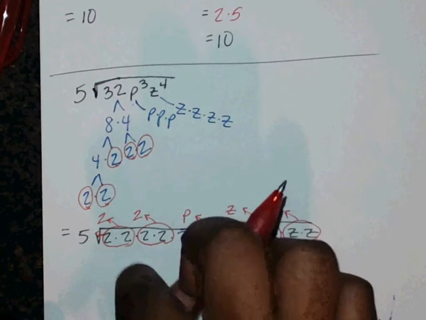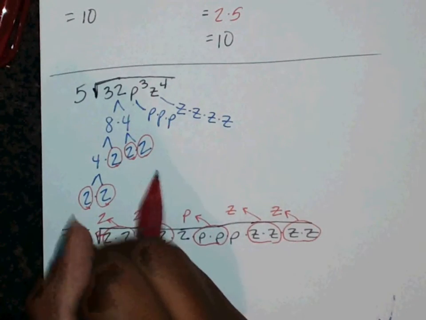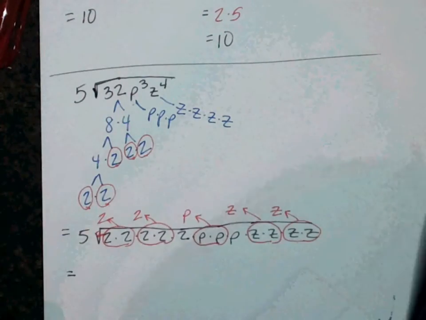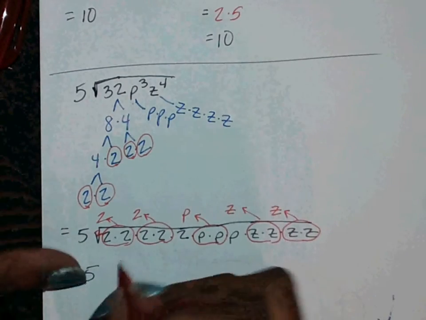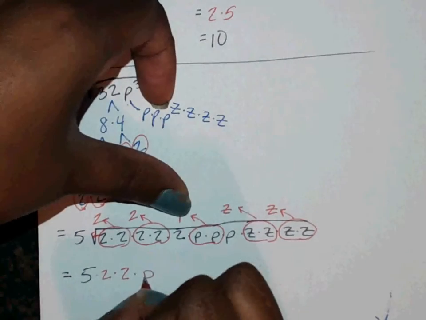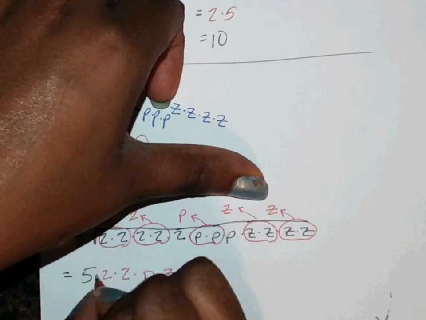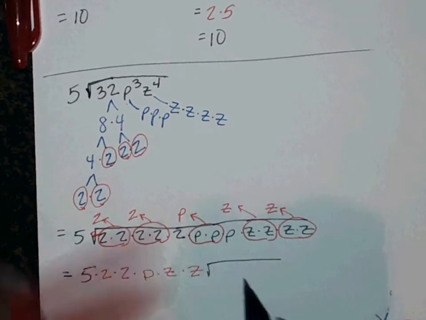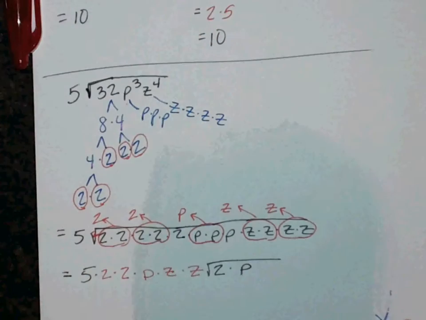So if I was to rewrite this, I will have the 5 I already had times the 2, the P, the Z, and then inside the house I had a 2 that never got married and a P that never got married.